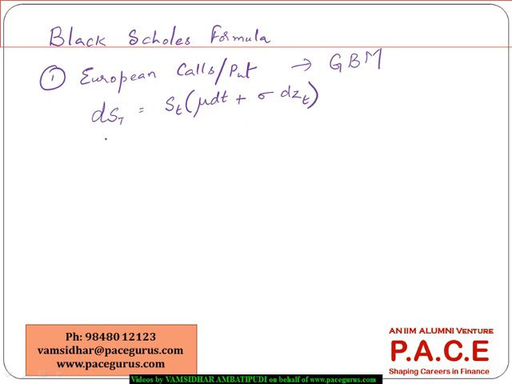This is the expression for the geometric Brownian motion, from which it can be simplified to S_t equals S_0 times e to the power of (mu minus half sigma squared) t plus sigma Z_t.